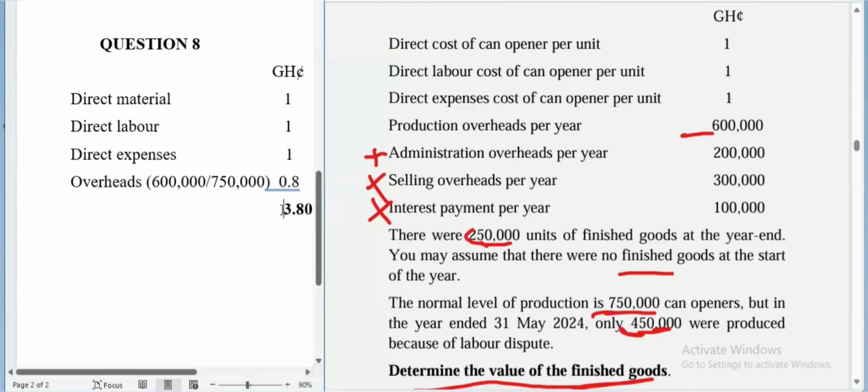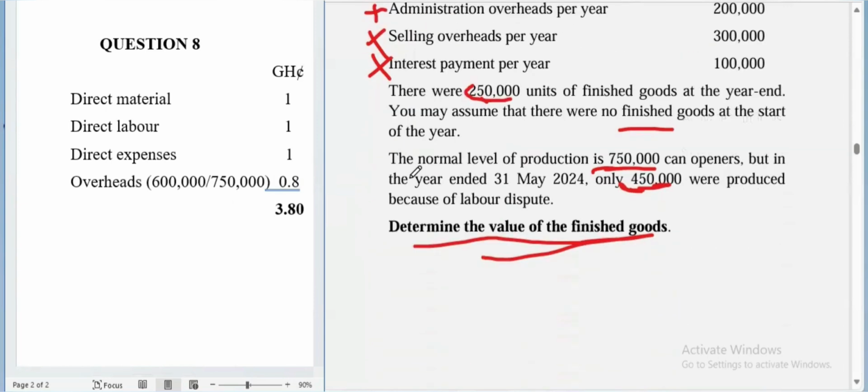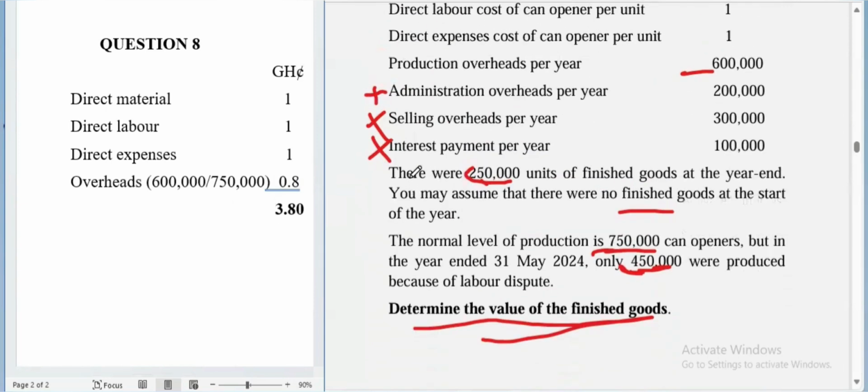So 3 cedis 80 pesewas is the cost per unit of the goods, or the inventory. So we've gotten the first price per unit. You can multiply this 3.80 by the 250, which should give you something straightforward.